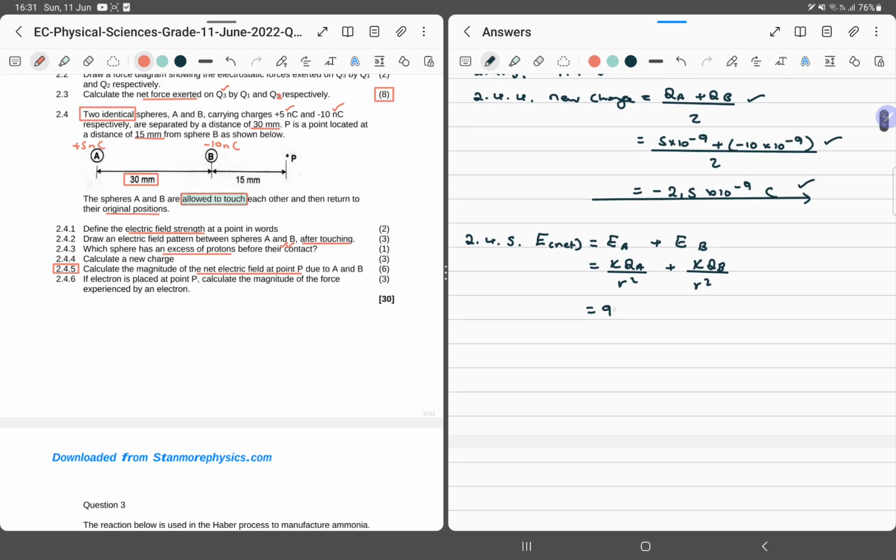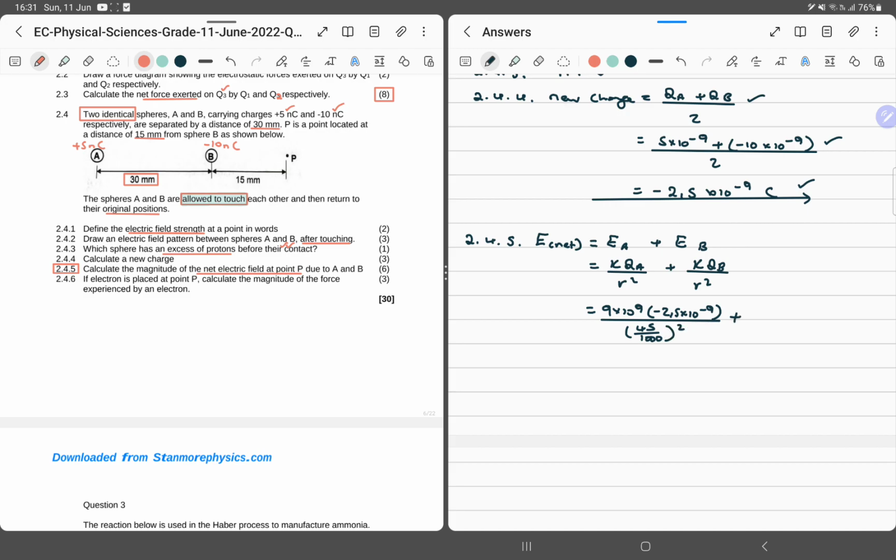Then now we know that this is 9 times 10 to the 9 into the charge A, which is now minus 2,5 times 10 to the minus 9. Okay, that's the new charge. Divide by the distance, which is going to be 30 millimeters plus 15. So that's 45, right? 45 divided by 1,000, because these are millimeters and we need to convert.